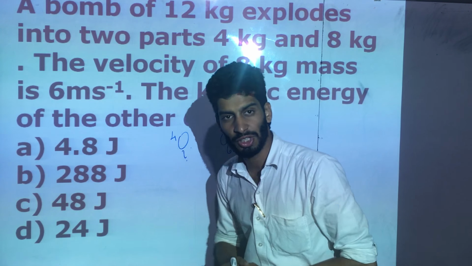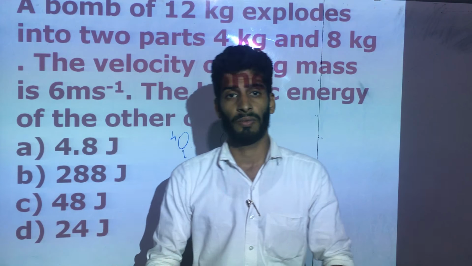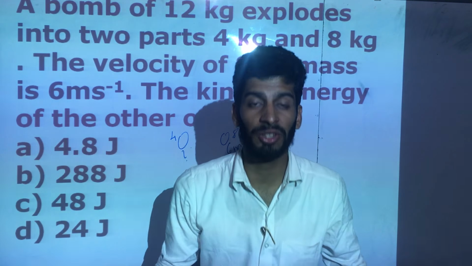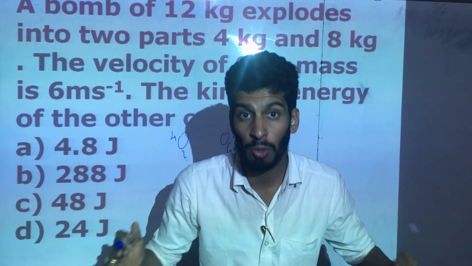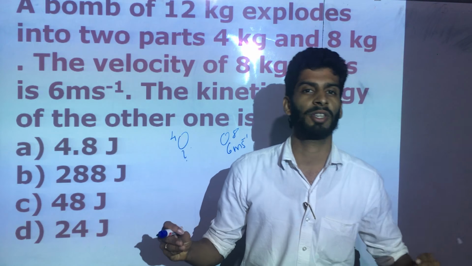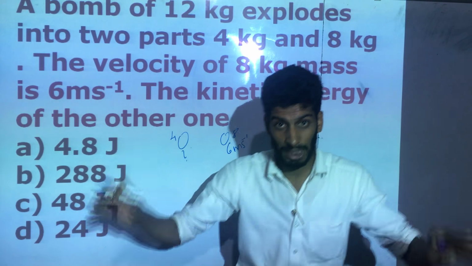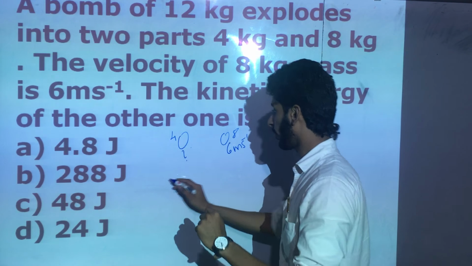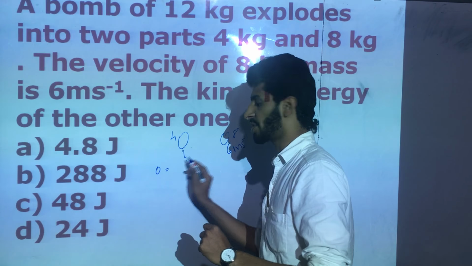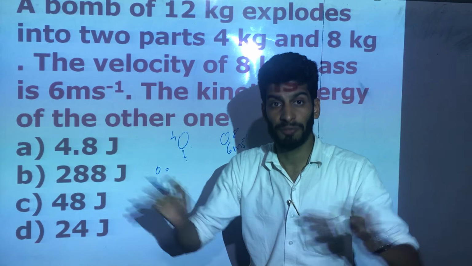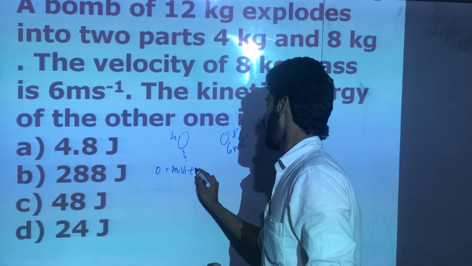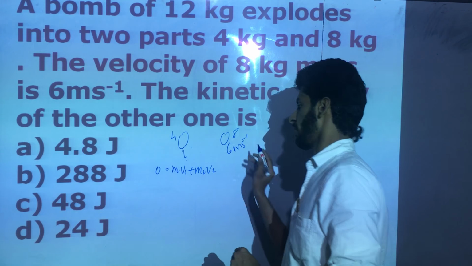So what the law of conservation of linear momentum says is, for any collision, it could be an explosion also, the total linear momentum before the collision is exactly equal to the total linear momentum after the collision. Before the explosion, two pieces were at rest, so the total momentum before is 0, which equals the total momentum after the explosion, that is m1 v1 plus m2 v2.